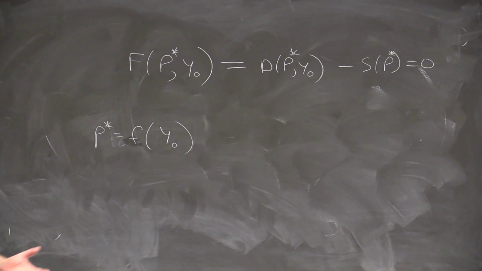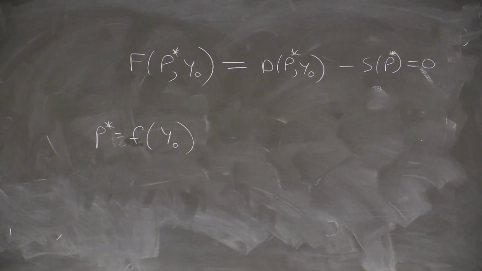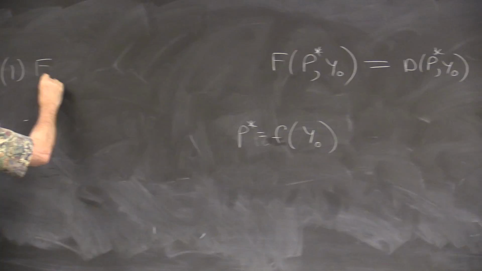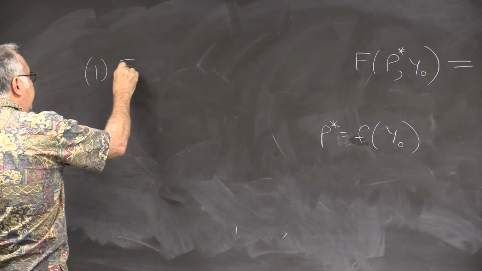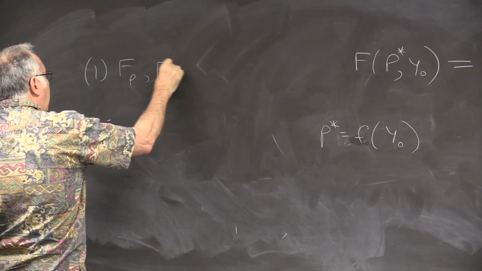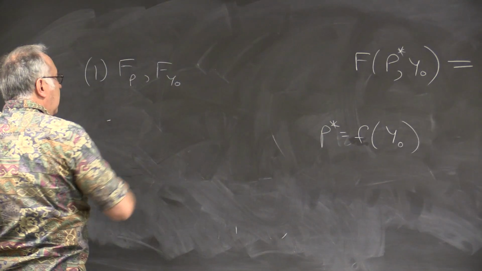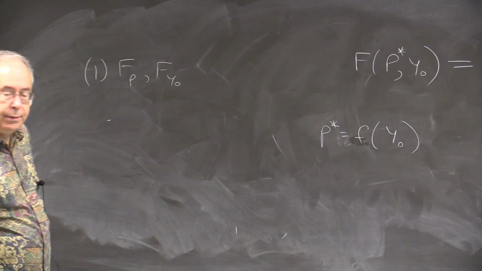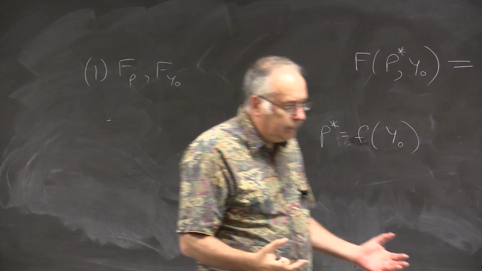So it's a perfect setup for the implicit function theorem we were discussing yesterday. Now what you require is this. 1, you require that f sub P and f sub y 0 be continuous functions. So let's just assume that they are.